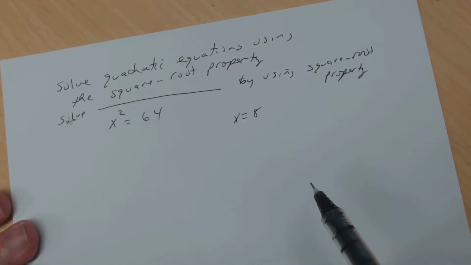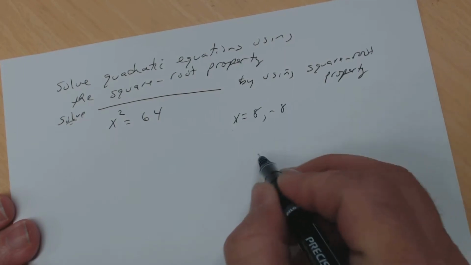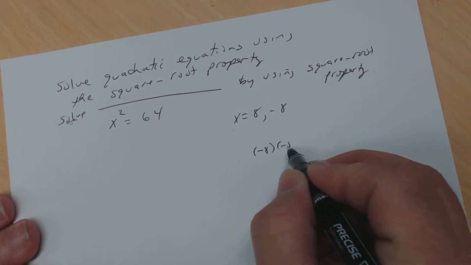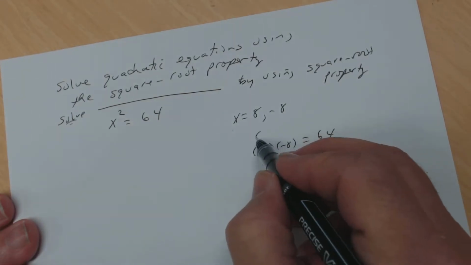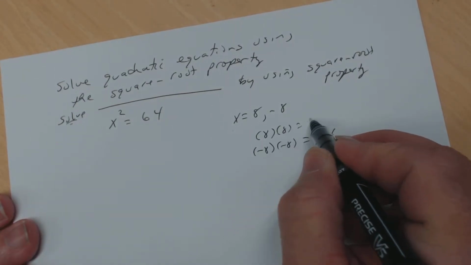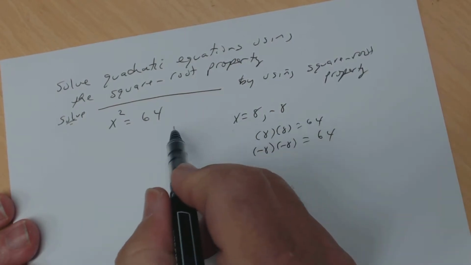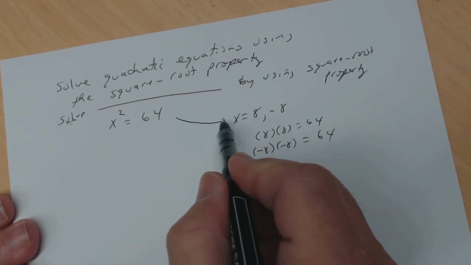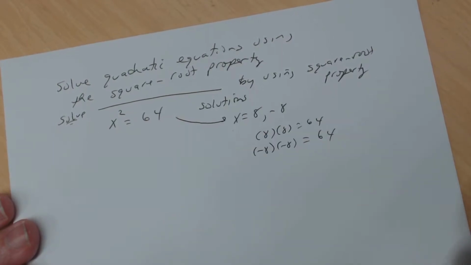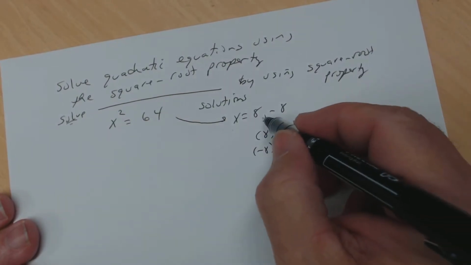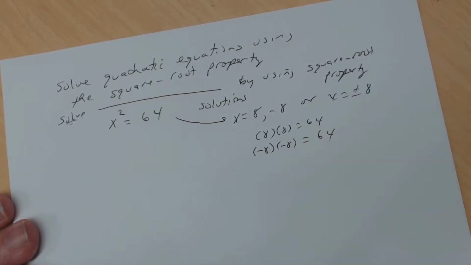But some of you didn't notice that another solution is negative 8, because negative 8 times negative 8 is also a positive 64. So not only is 8 times 8 a 64, but also negative 8 times negative 8 is a 64. So the solutions would be plus or minus 8, or x equal 8, negative 8, or you can say x equal plus or minus 8.